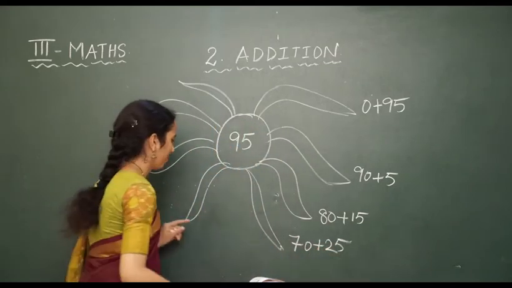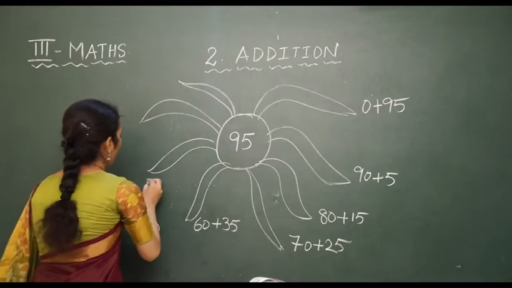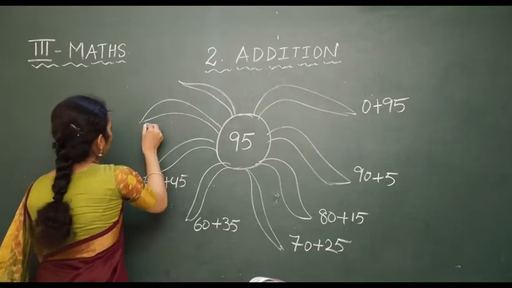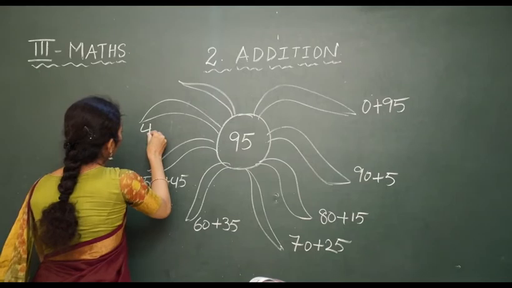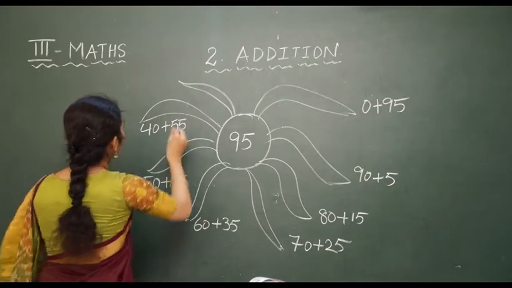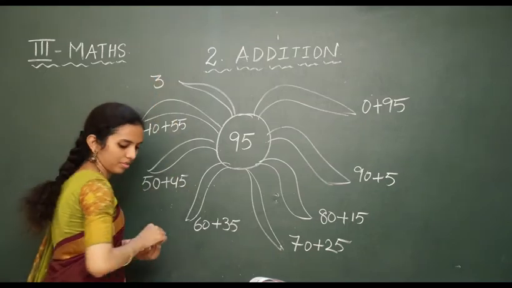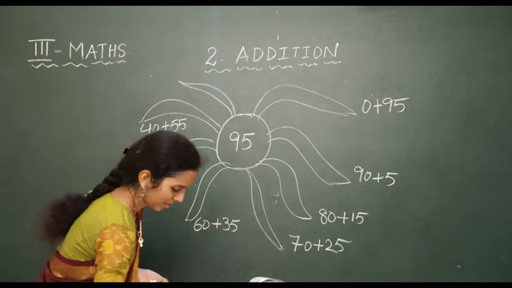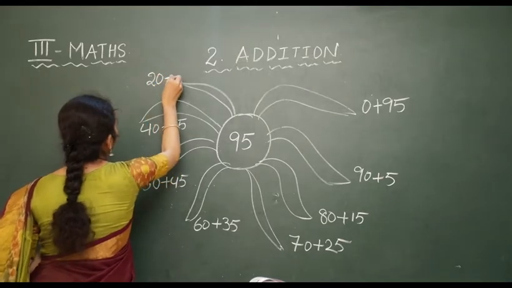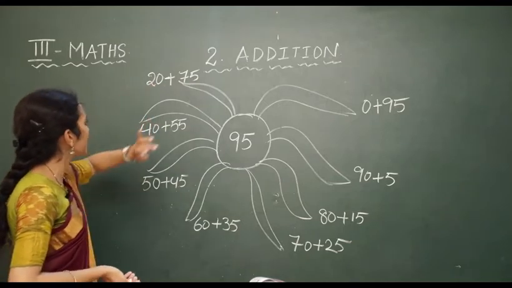This is also 95, and here 60 plus 35 and 50 plus 45 and 40 plus 55 and here we can write one more thing. 20 plus 75. Even if you want, you can write 30 plus 65 also.